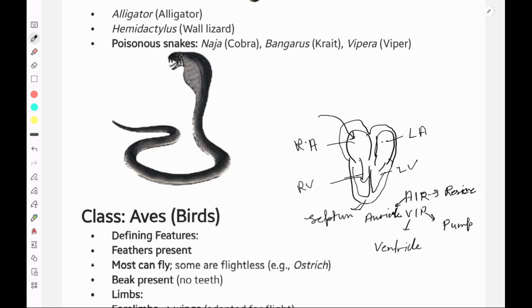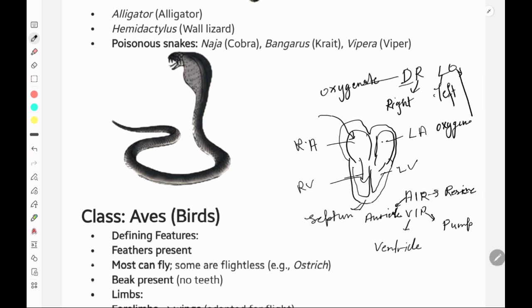There is also one more term, DROL. D for deoxygenated, R for right, L for left, and O stands for oxygenated.